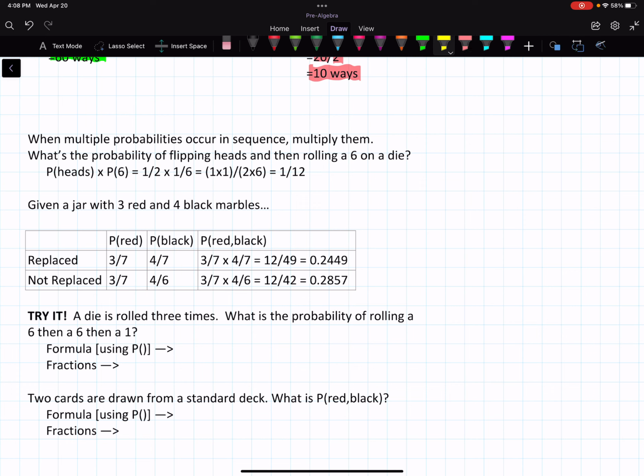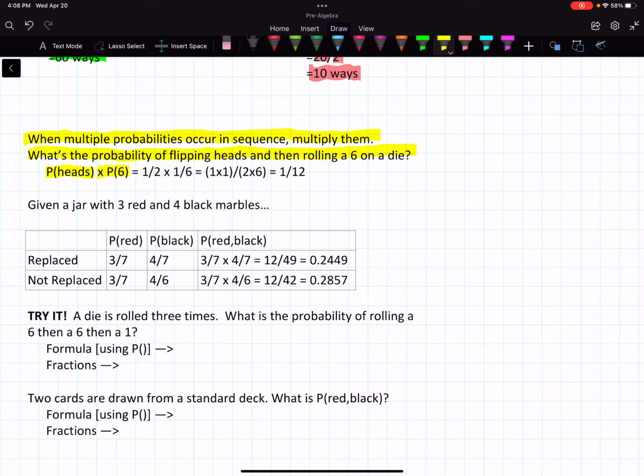All right, new concept. When multiple probabilities occur in sequence, multiply them. So, for example, what's the probability of flipping heads and then rolling a 6 on a die? Well, what you do is you take the probability of heads times the probability of rolling the 6.